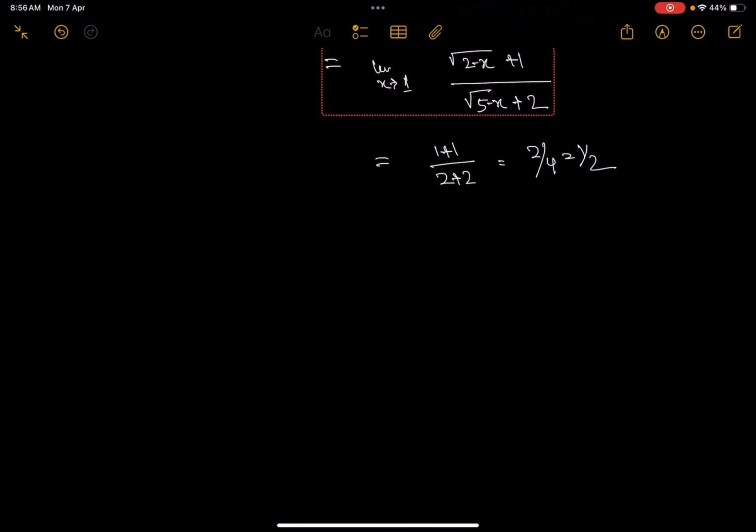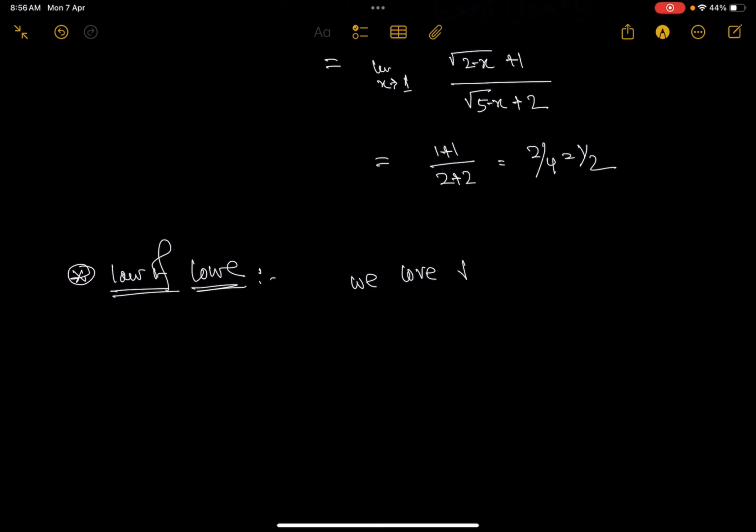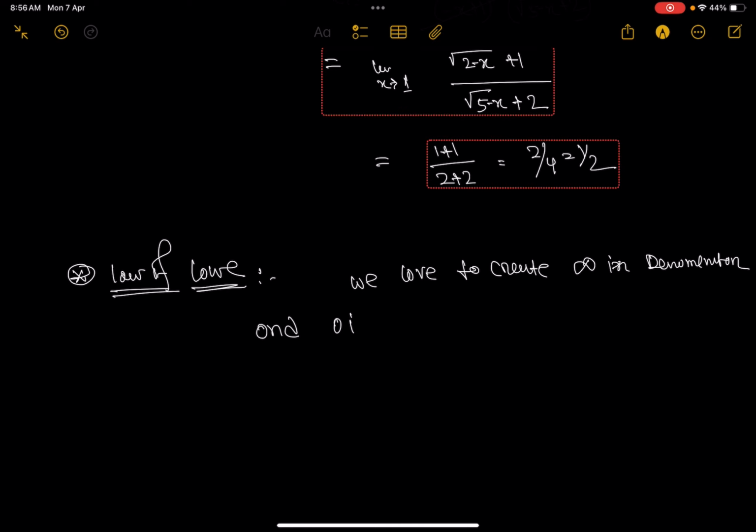Last property of this lecture, law of love. What is the law of love? Law of love is a special kind of limit finding, when we love to create infinity in the denominator and 0 in the numerator.